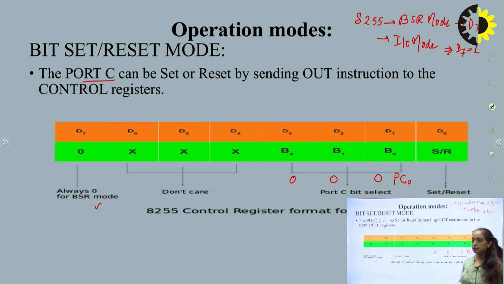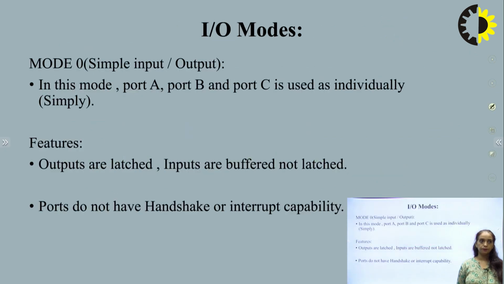Then we have this D0 bit. D0 bit states that whenever this value is 0, this particular bit will be reset, and when this value is 1, this particular bit will be set. So we can set or reset any bit by using this bit set reset mode, but only for port C.